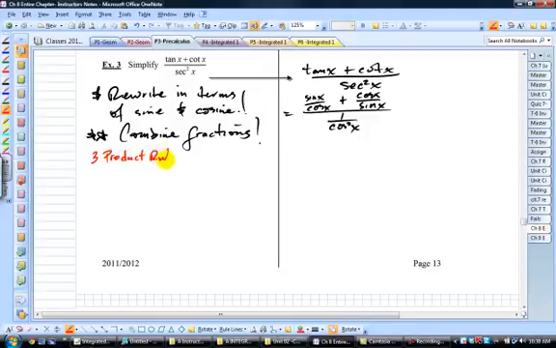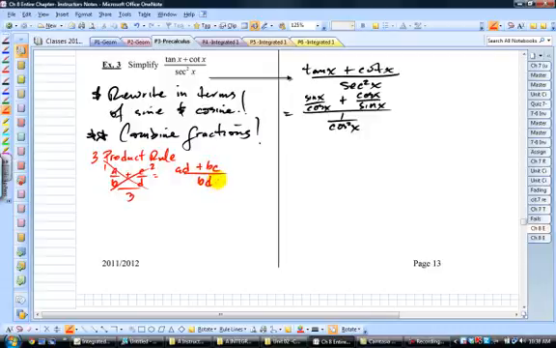You're going to love this. It works for adding and subtracting fractions. a divided by b plus c divided by d is equal to AD plus BC divided by BD.